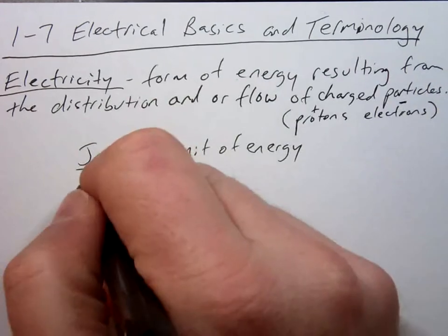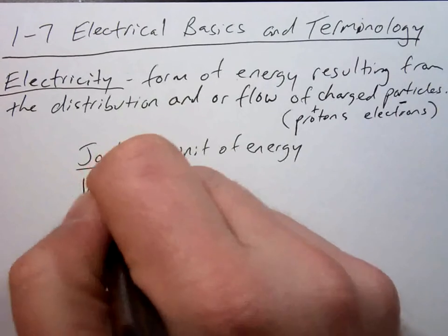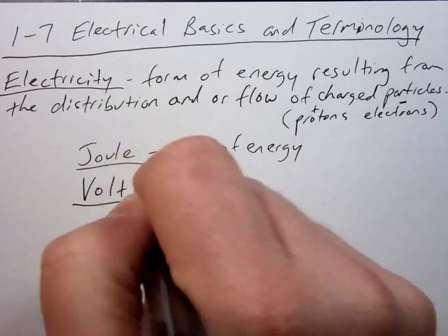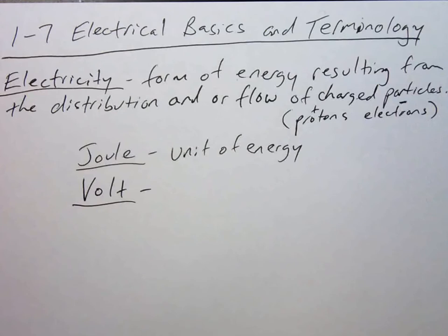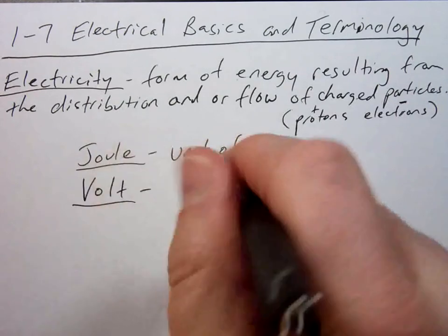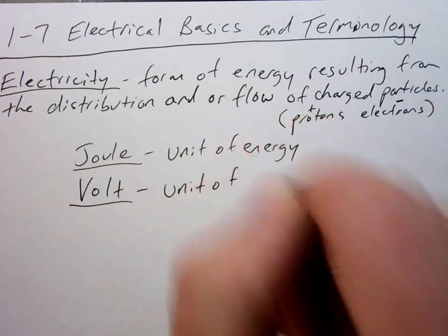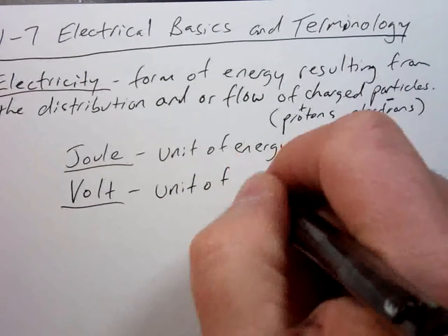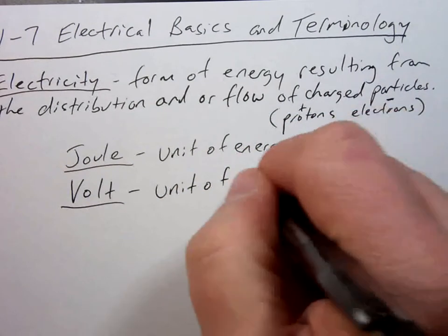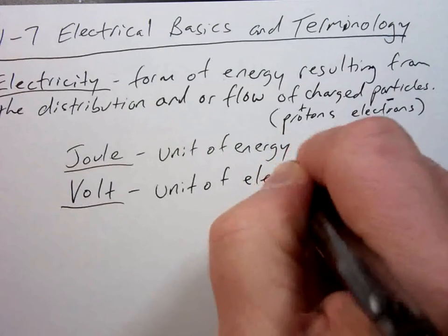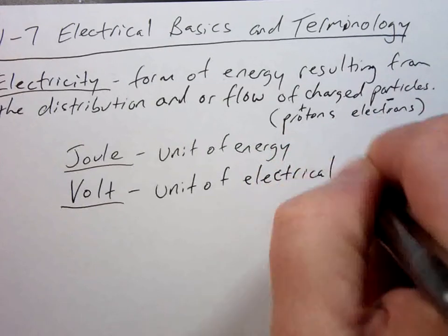The one we're going to spend the most time talking about is this one, volt, or voltage. A volt is a unit, and this one won't be quite as easy to make sense of, a unit of electrical potential.